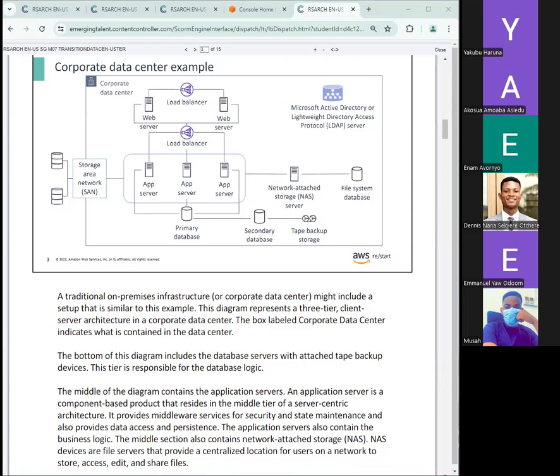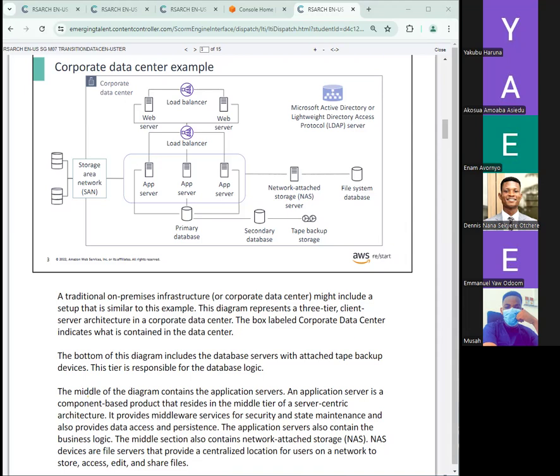Hello, Akosia. Yes, ma. Could it be that this network attached storage is more or less similar to the storage area network, only that one deals with files, like a file storage?